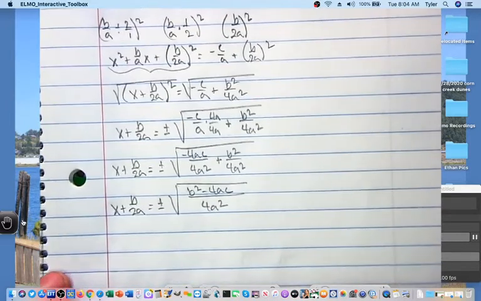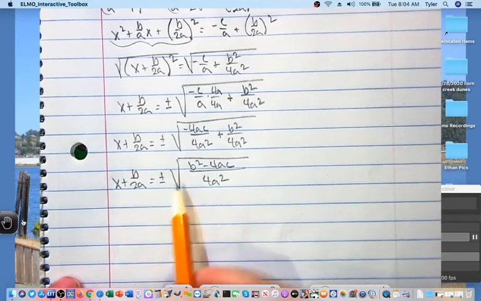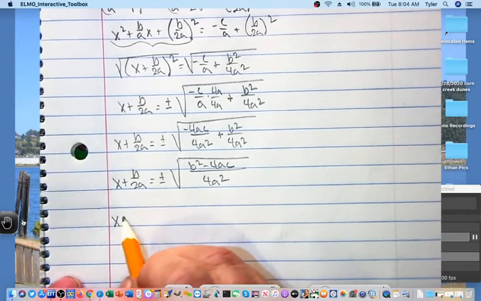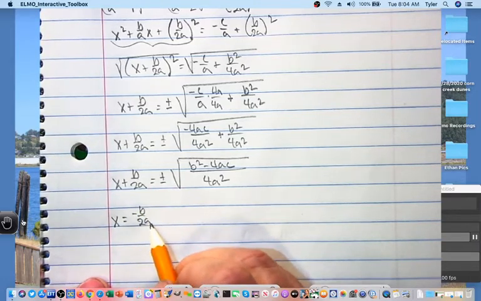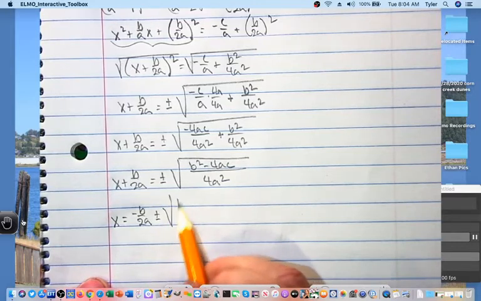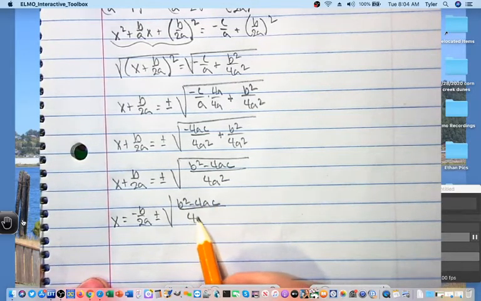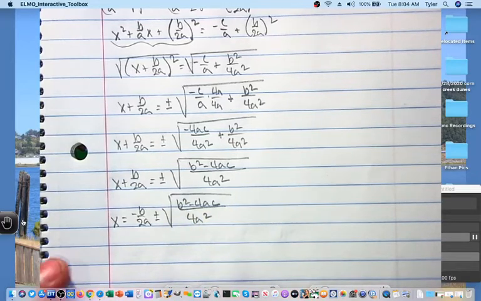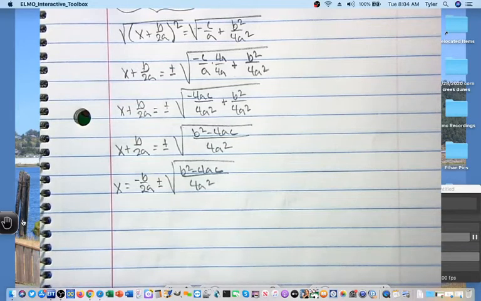Now, we are one step from actually having x solved for. Let's just move that b over 2a to the right side. It's going to give me x is equal to a negative b over 2a plus or minus radical b squared minus 4ac all over 4a squared. Now, I could use that the same way I use the quadratic equation, but we can make this even simpler.